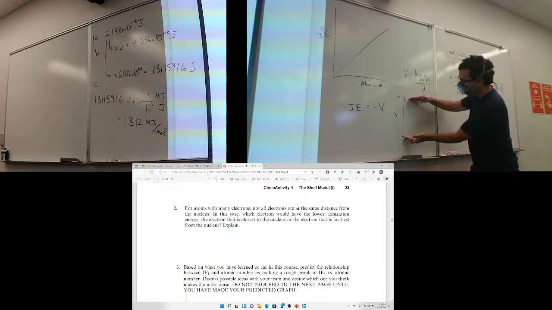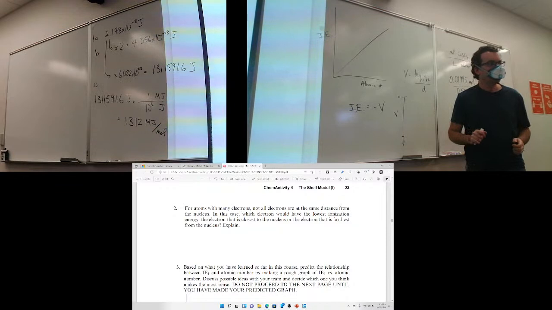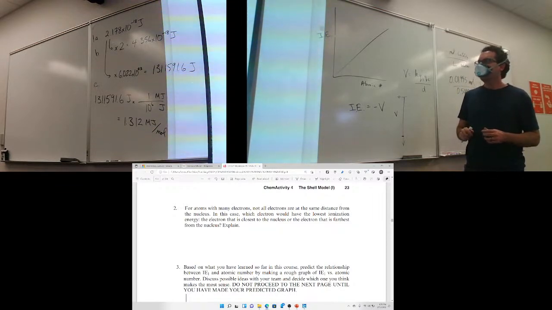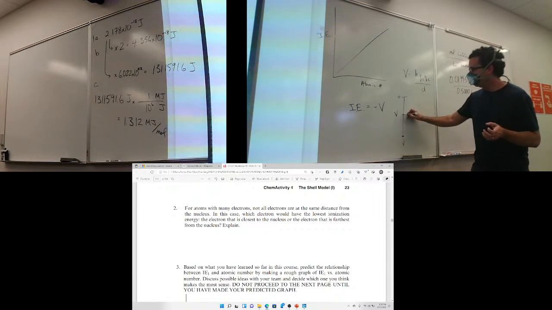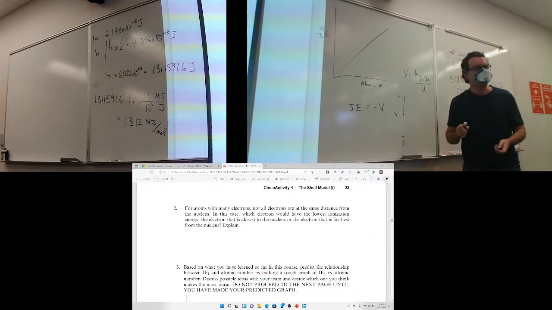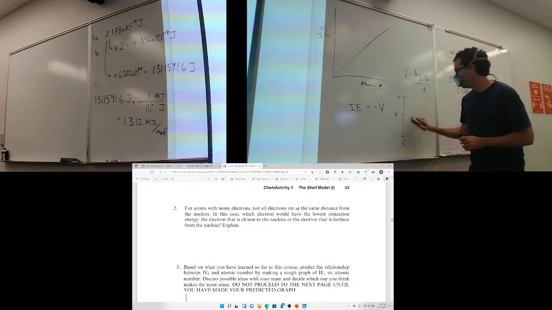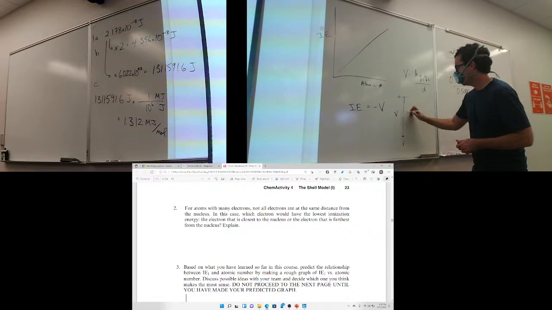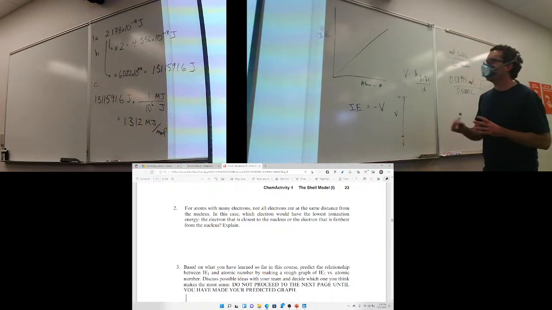But the lower that potential energy is, the bigger the ionization energy is going to be. So if it's further away, it will only go down that far, and then the distance to get back to 0 is much smaller. Does that make sense? So the electron furthest away from the nucleus has the lowest. Is that what you were saying? Yeah. Okay.